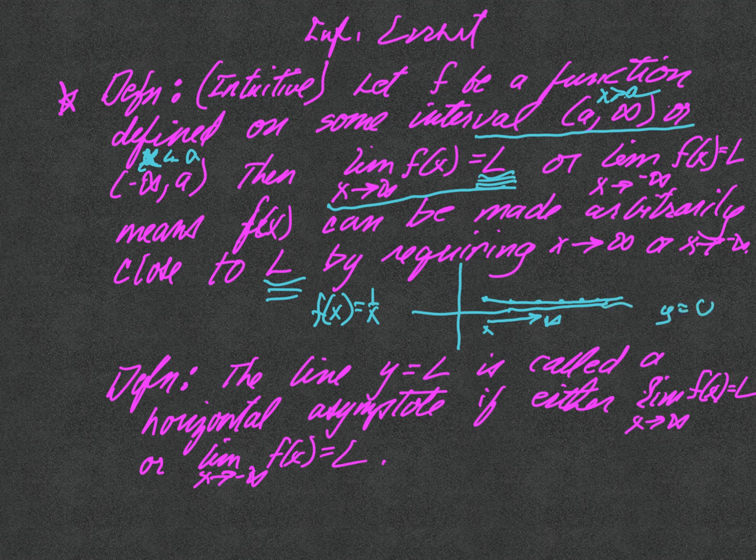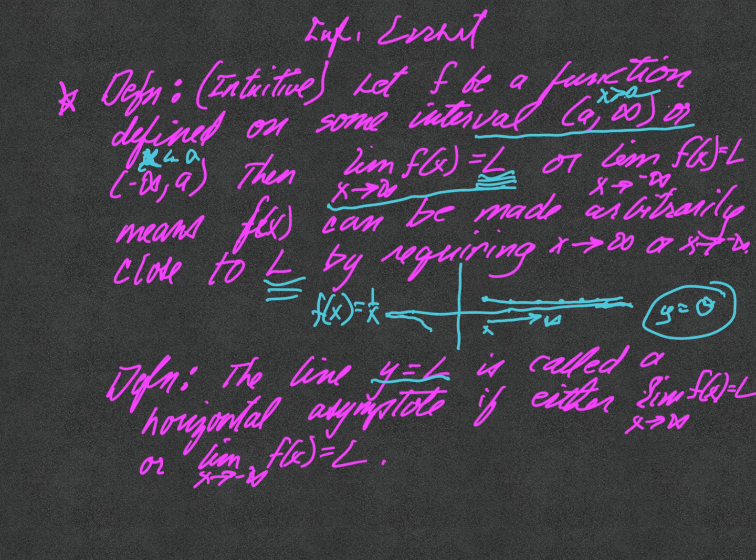And the next definition says this y equals L is called the horizontal asymptote. So as x goes to infinity, since 1 over x gets arbitrarily close to 0, we say y equals 0 is the horizontal asymptote. As we go to negative infinity, the same thing happens, even though we approach it from a different direction, from below.